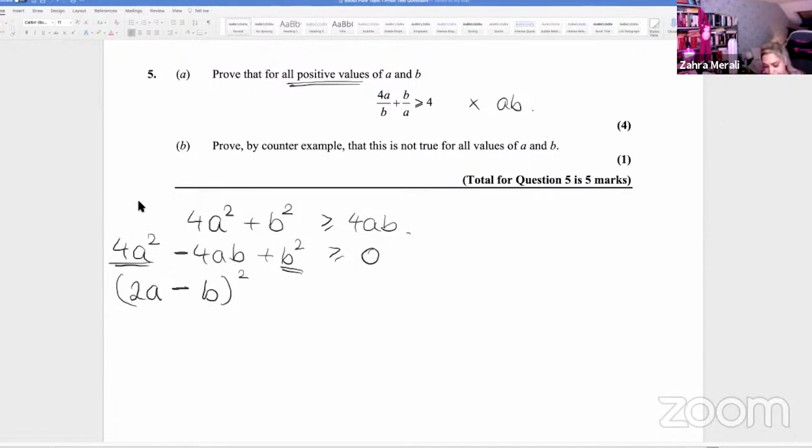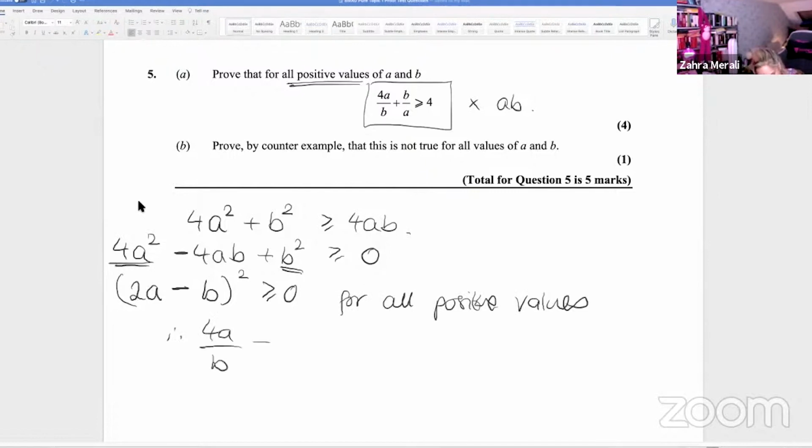Which I do. So you'd say (2a minus b) squared is greater than or equal to 0 for all positive values. And then you'd say therefore, and you'd rewrite that: therefore, 4a over b plus b over a is greater than or equal to 4 for all positive values.